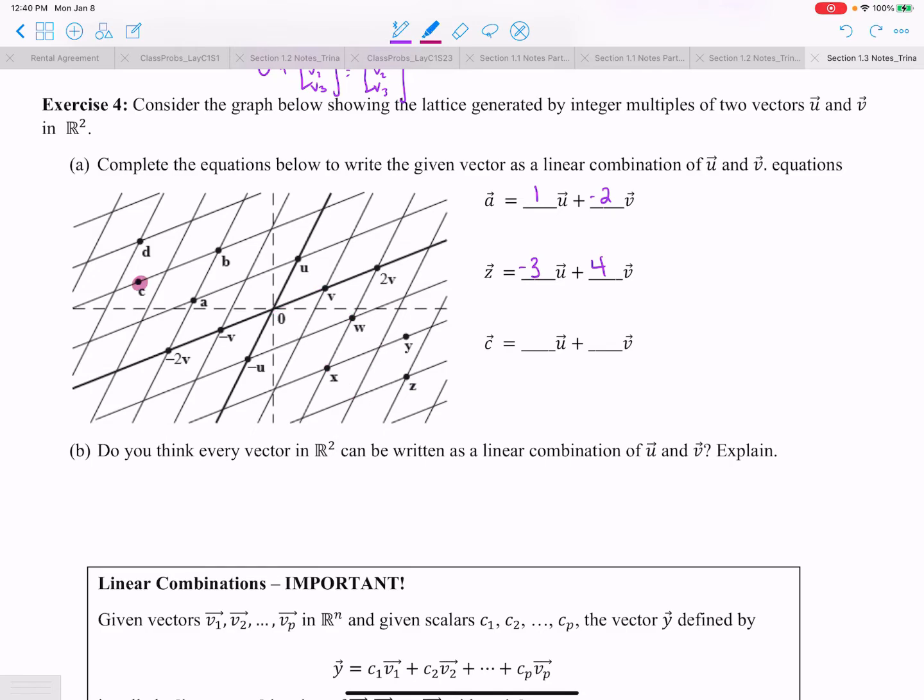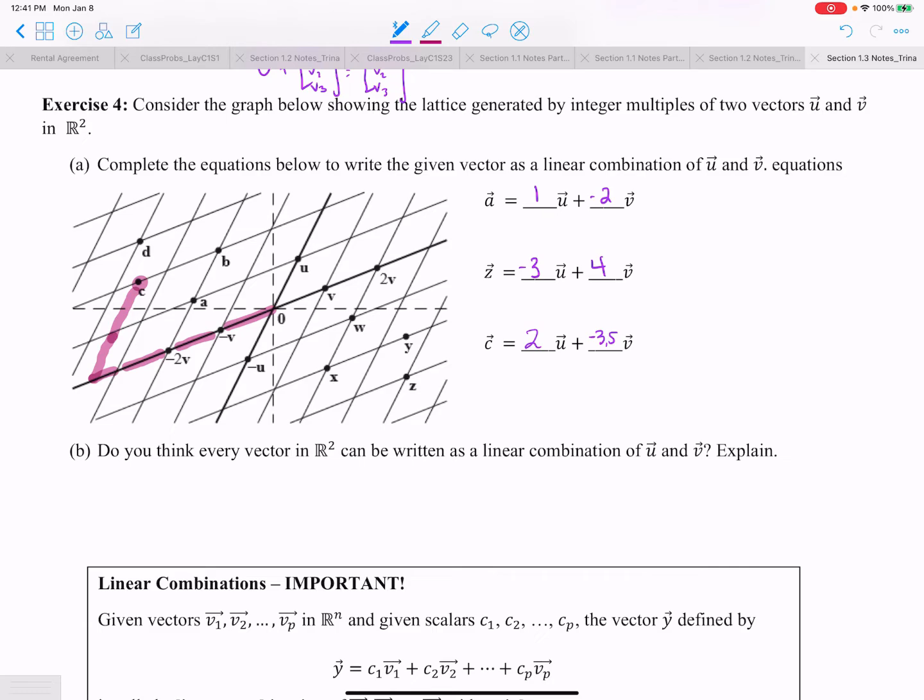So to get to c, I could go 1, 2, 3 and a half. So 3.5 v's. And then a u and a u. So 2 u's.